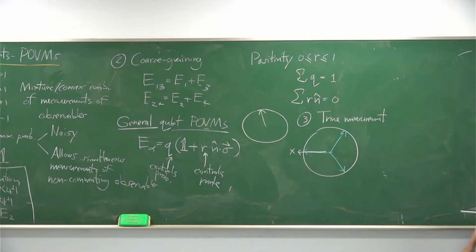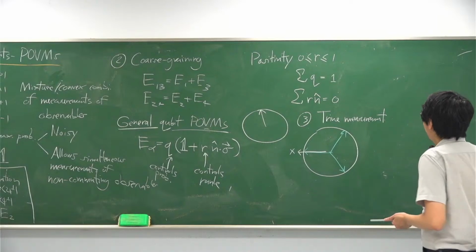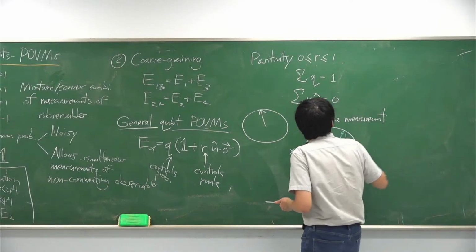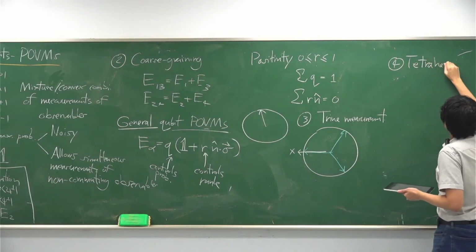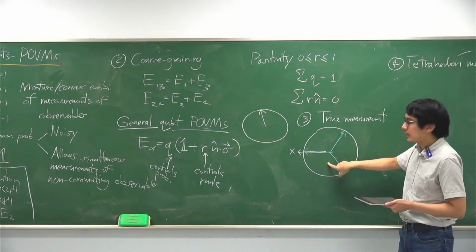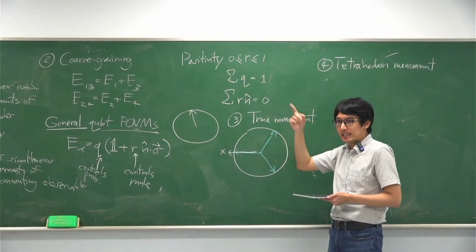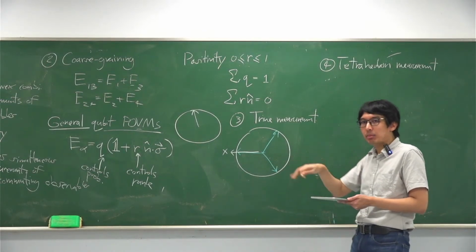So it's sometimes also called the Mercedes-Benz measurement. Of course, this measurement gives you no information about the z component of your state, right? Because everything is on the xy plane.